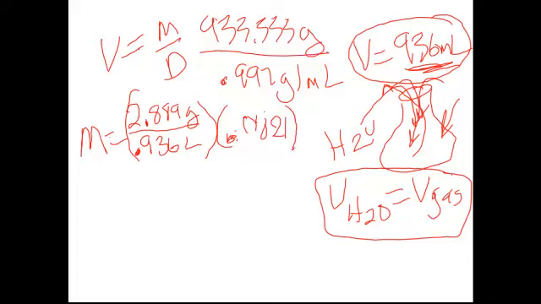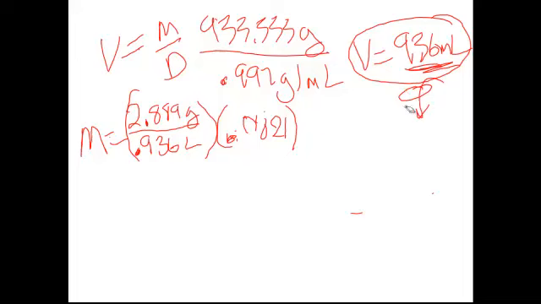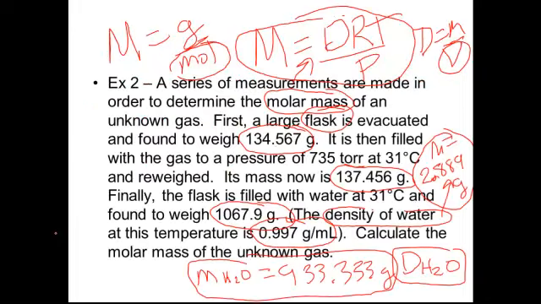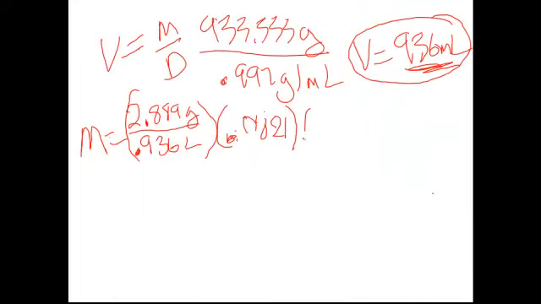I'm running out of room here as always, so let me get rid of some of this. And let's see, what's our next? So dRT, our temperature. The temperature, it tells us, is 31 degrees Celsius. 31 plus 273 is 304 Kelvin.